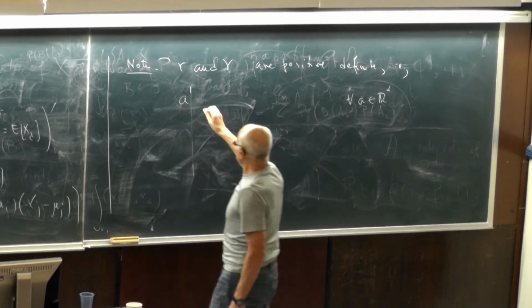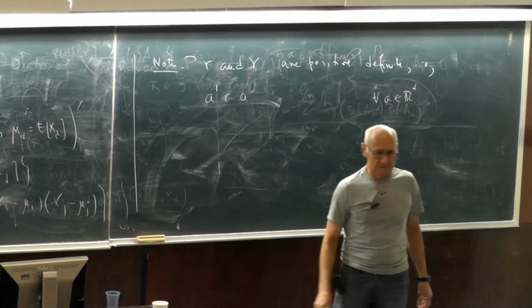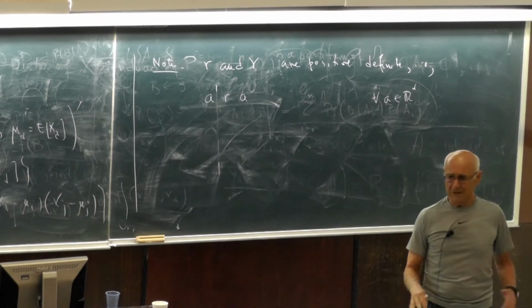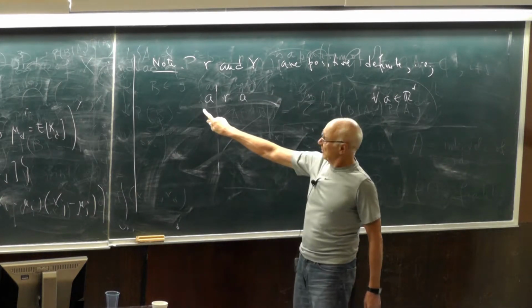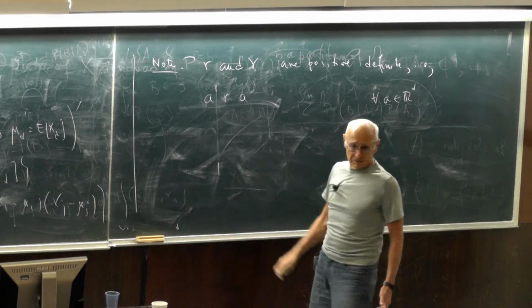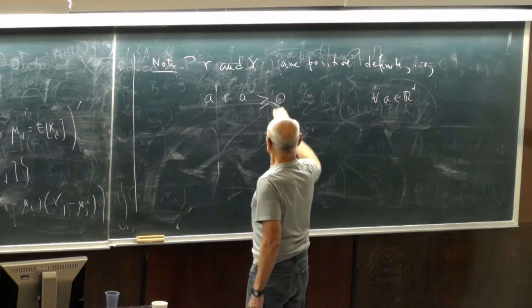that if you consider this product, now first you realize you can multiply these matrices, right? This is, after I transpose, 1 by d, d by d, d by 1, so you end up with a scalar. This is what I mean.